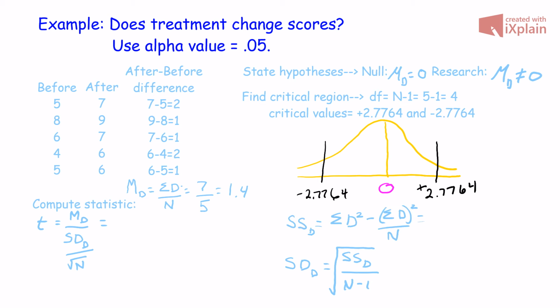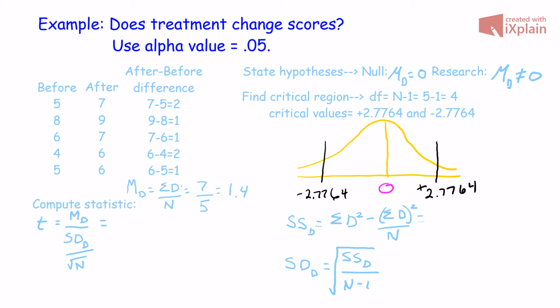Here's the equation for that. It's the sum of the difference scores squared, minus the sum of the difference scores, in parentheses, squared, divided by n. Now, where do we find these numbers? Well, we know what the sum of d is, the number that goes right here. We already found that. That's 7. N is 5. So what we need is the sum of d squared.